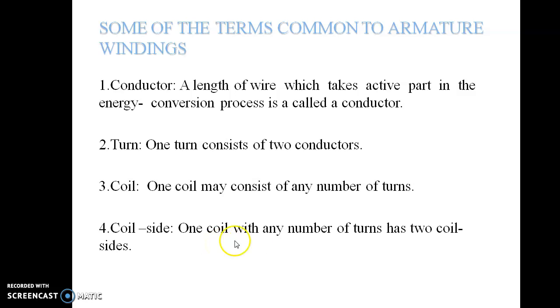Now, what is a coil side? One coil with any number of turns has two coil sides. A single conductor part is known as a coil side, and every coil has two parts or two coil sides.